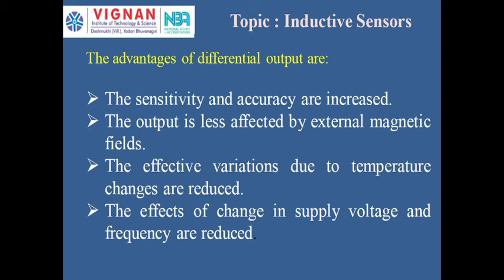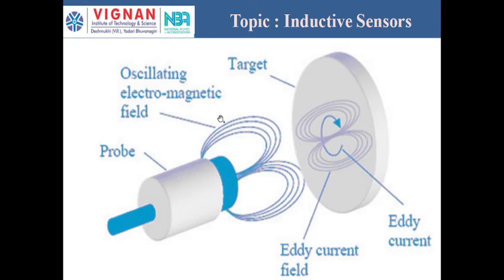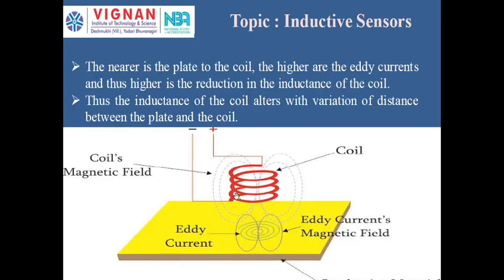If you have only a single output, let us see what happens. For this type of transducer, assume, for example, I am not giving exact values, the inductance of the coil is initially 10 henries, and because of the displacement applied to the plate, due to eddy current flowing and everything, that is reduced to 6 henries, 10 henries to 6 henries.